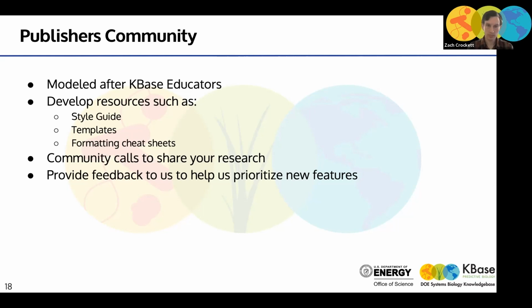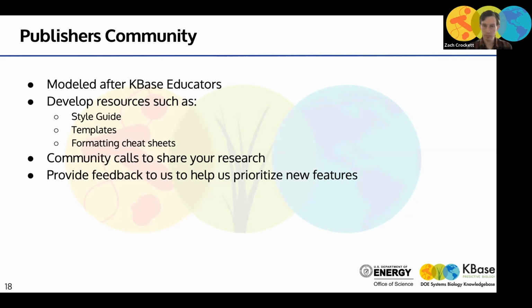And so in that vein, what I would like to do is to sort of crowdsource some of these resources for publishing. Things like a style guide for what narratives should look like and what are the minimal requirements for a community-defined high quality published narrative.